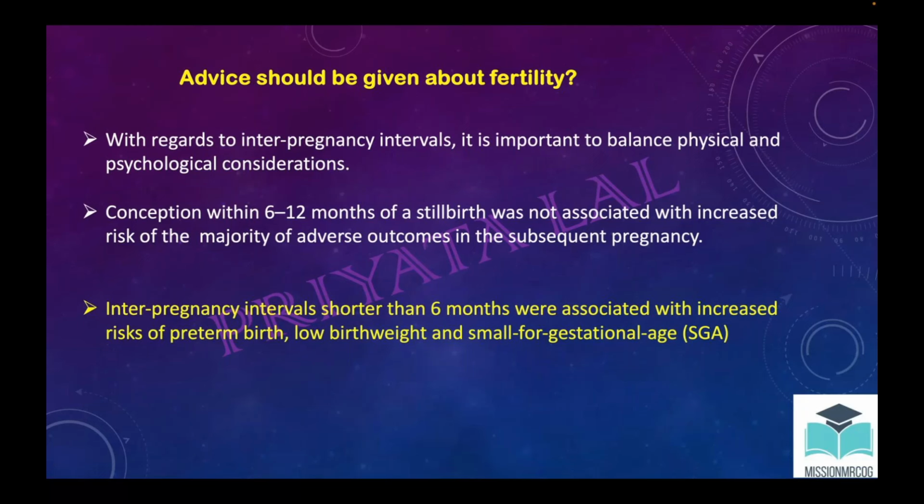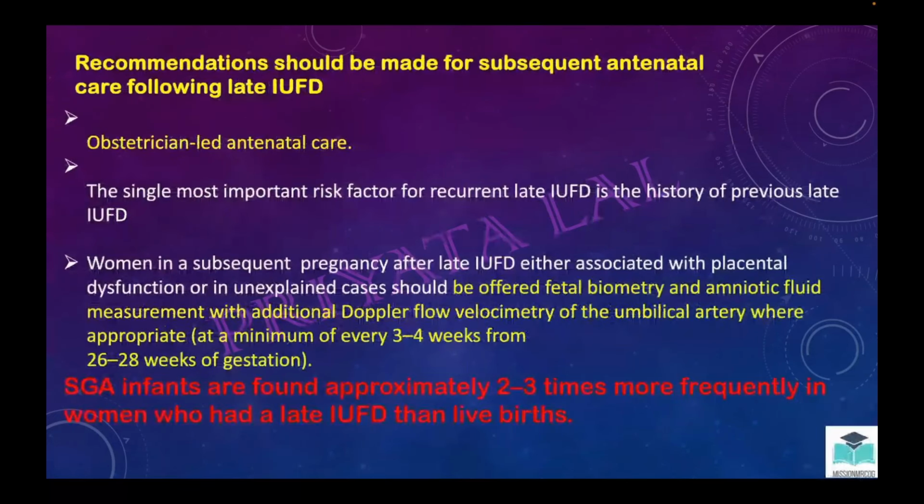So the guideline doesn't mention how much time the patient should wait, but this is what they say, that if it is less than 6 months, then the chances of pregnancy complications would be more. Okay, so this is also given in the guideline.